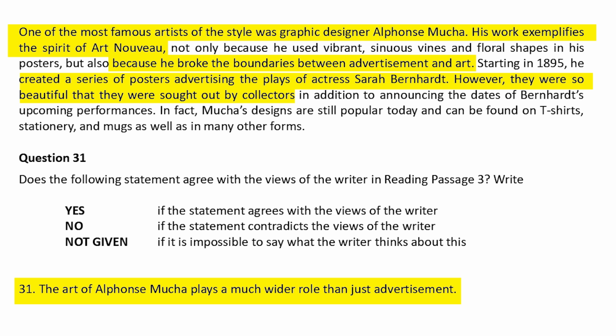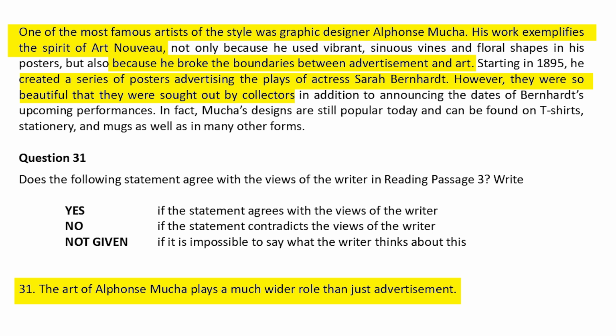So what does this mean? Basically, Mucha wasn't just making posters to sell theater tickets. His art was so visually stunning and unique that people wanted to keep it, to collect it, and to use it in ways that went far beyond the original purpose. And even now, his designs are still popular. They're found on t-shirts, stationery, mugs, and more.